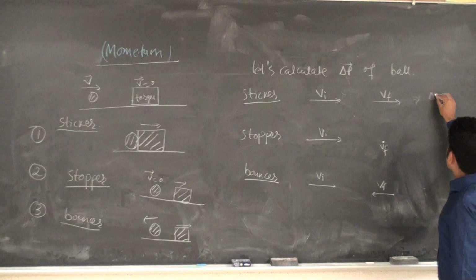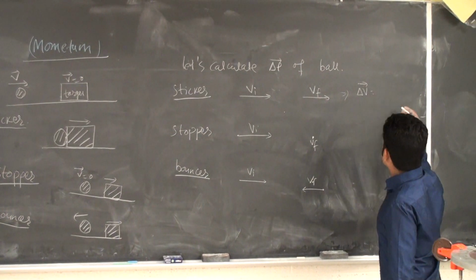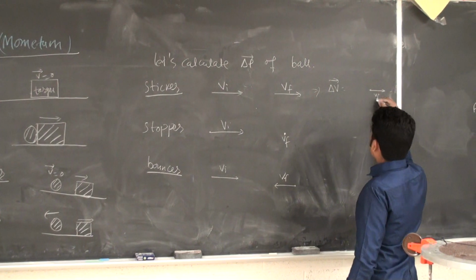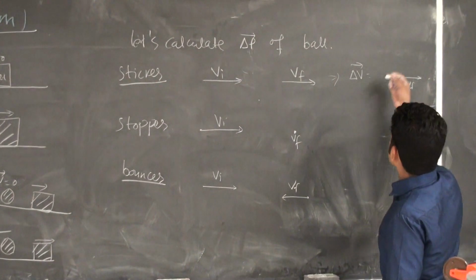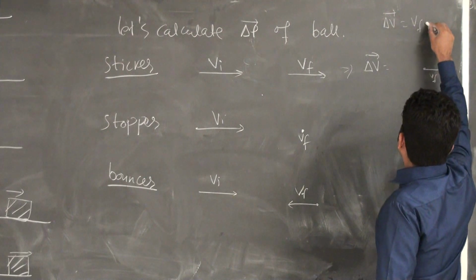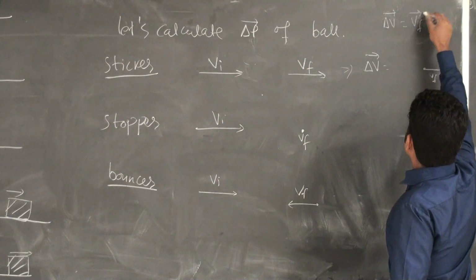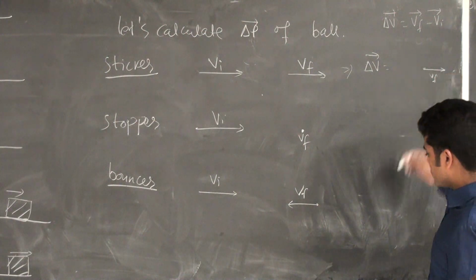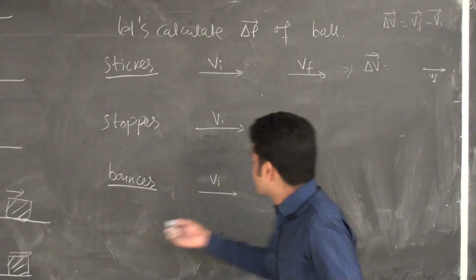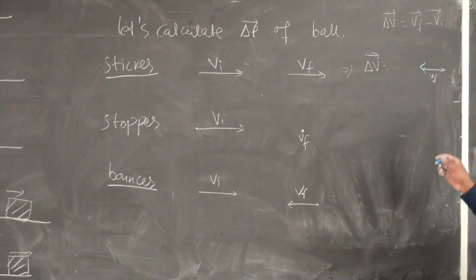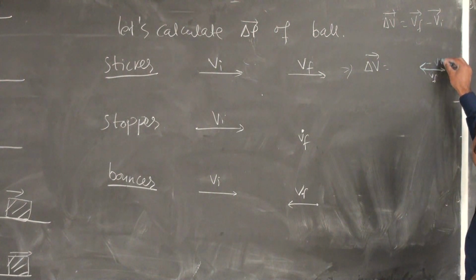So we can calculate the change in velocity. The change in velocity, del V, is V final minus Vi. V final is in this direction and Vi in the opposite direction, so I have to use another chalk in this direction. So V final minus Vi.